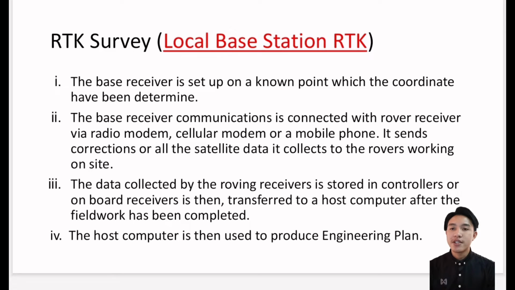It sends correction or all the satellite data it collects to the rover working on site. Third, the data collected by the roving receiver is stored in the controller or onboard receiver, then transferred to a host computer after the fieldwork has been completed. Fourth, the host computer is then used to produce the engineering plan.